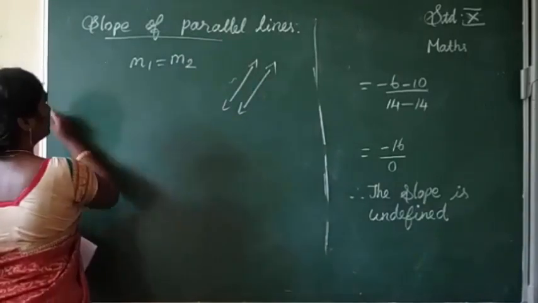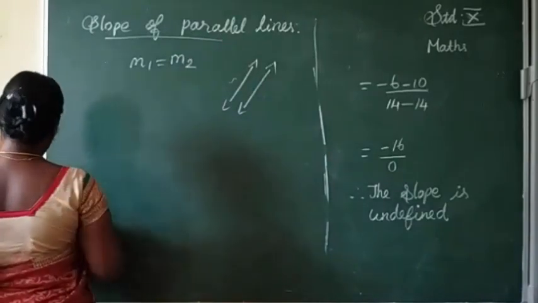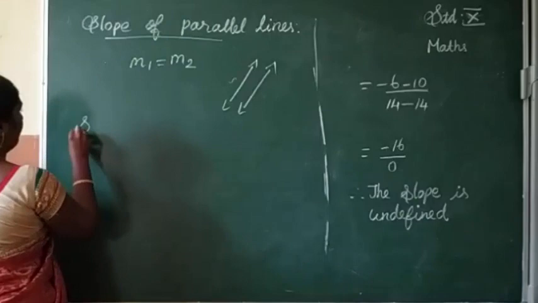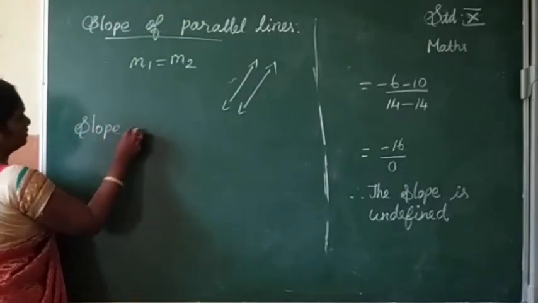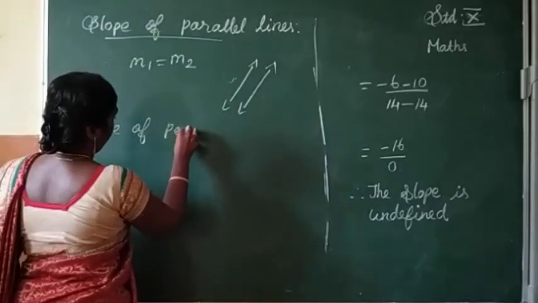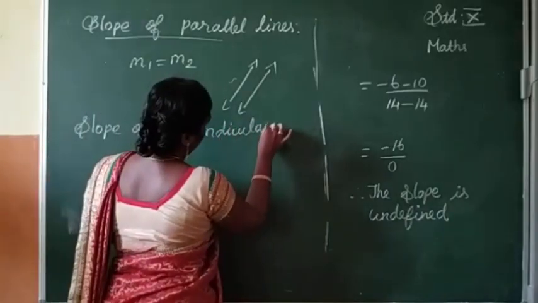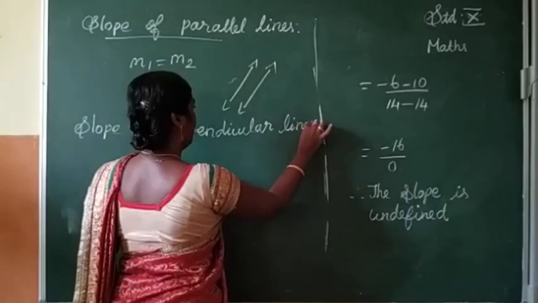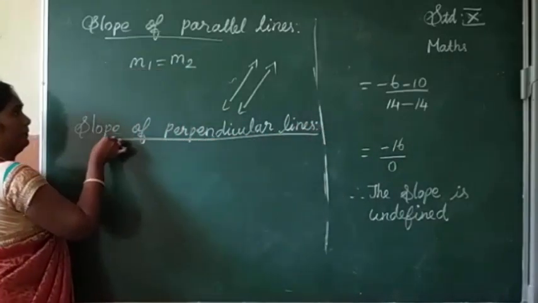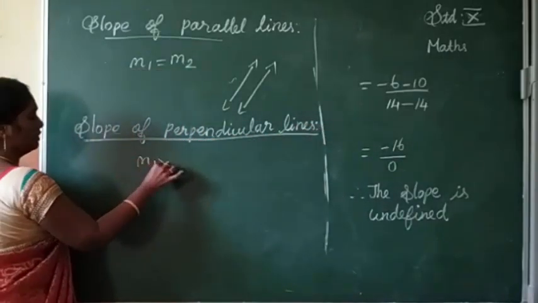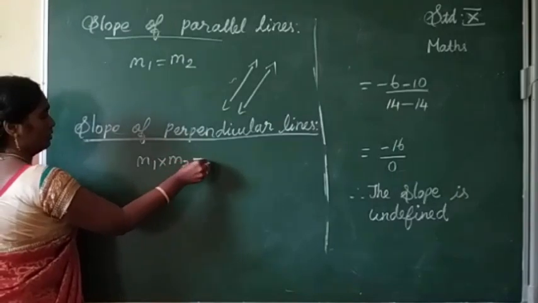And the next one, slope of perpendicular lines. Condition is m1 into m2 is equal to minus 1.